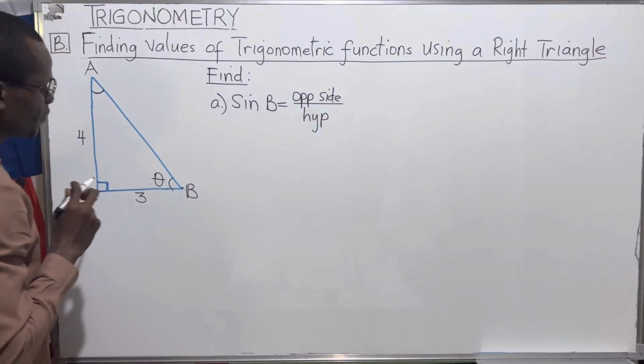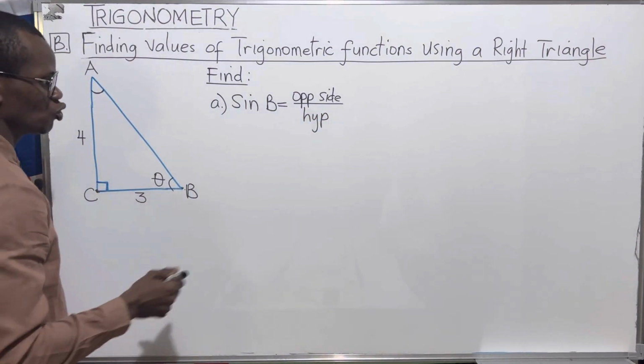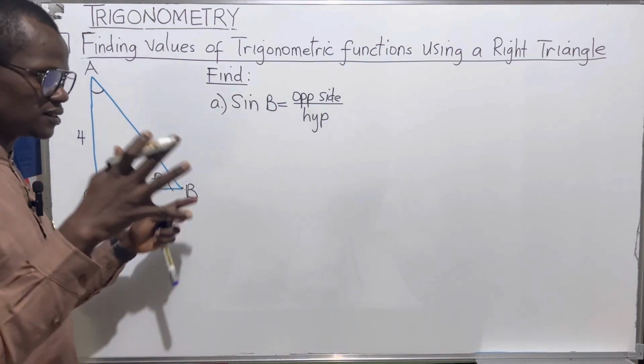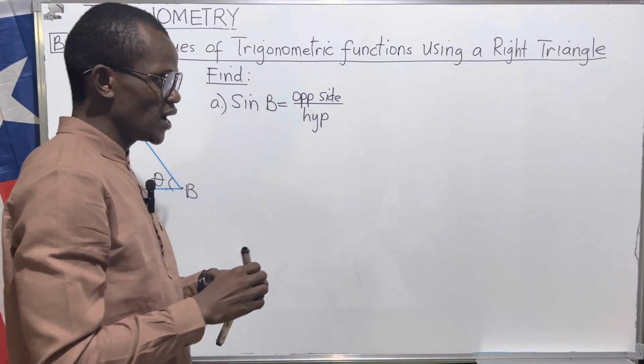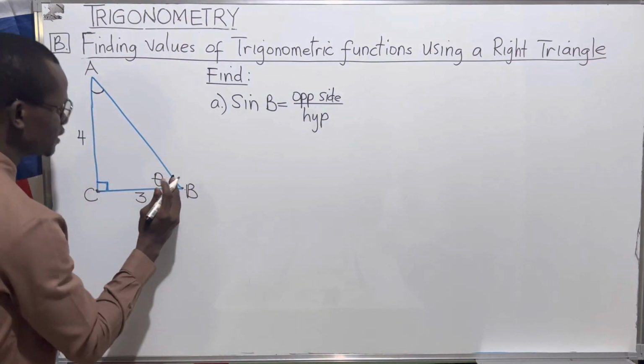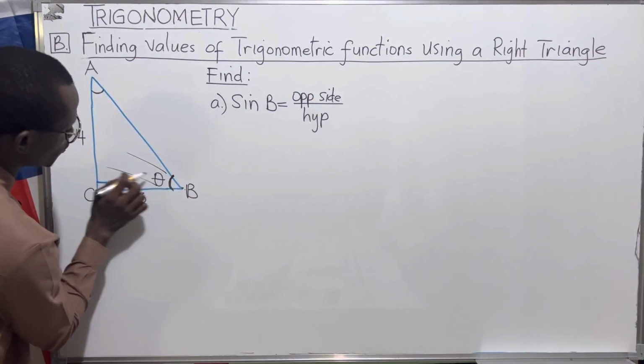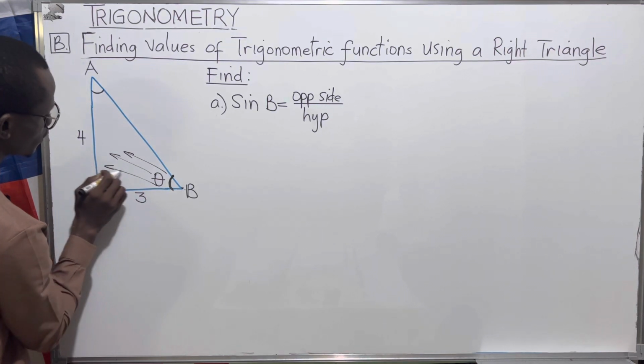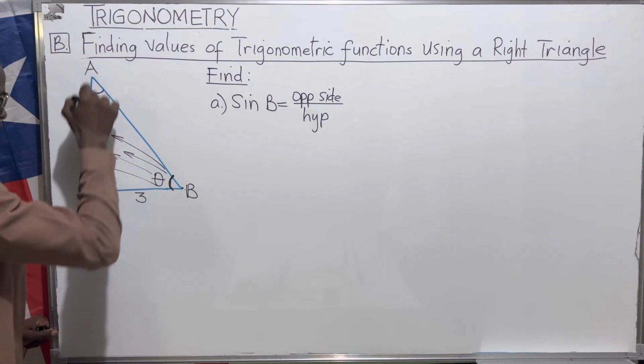The opposite side to an angle is the side directly facing that angle. So this is the angle. The side directly facing this angle is this line.